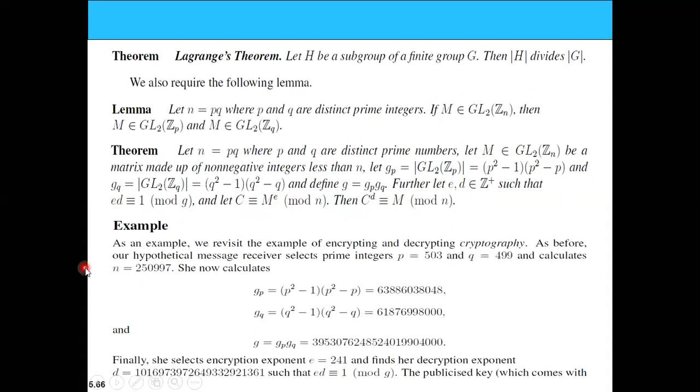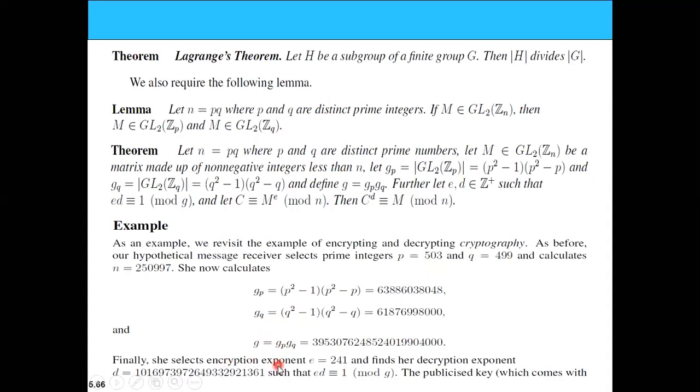Let us take one very trivial example where P is 503 and Q is 499, and calculate N. G_p is (P square minus 1)(P square minus P), which is the number of 2 by 2 matrices over Z_p whose determinant is non-zero. Similarly, G_q is like this, and G is the product of these.